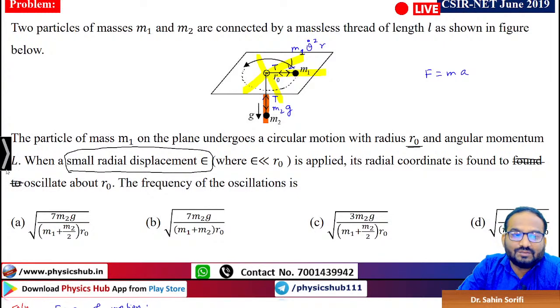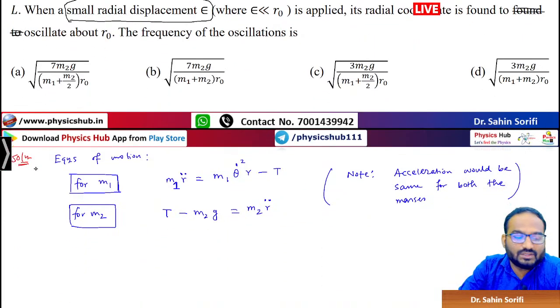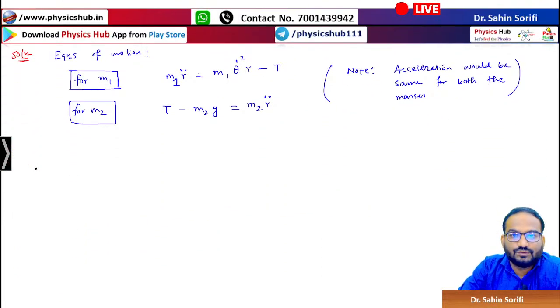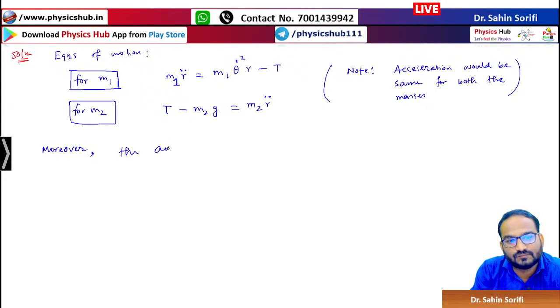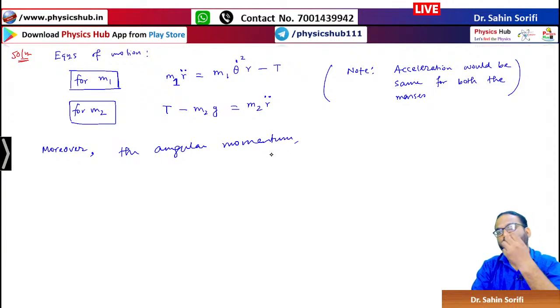Now mass m1 has angular momentum L. So what can you write? It is a kind of central force motion, so angular momentum will remain constant.